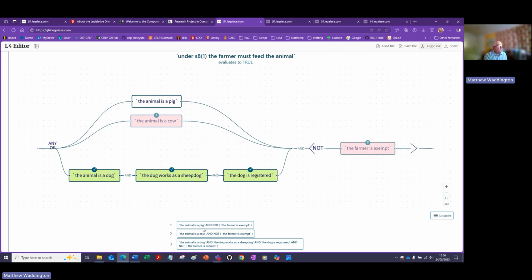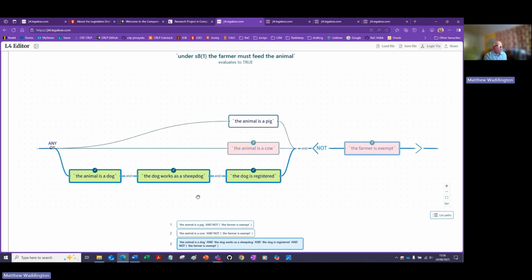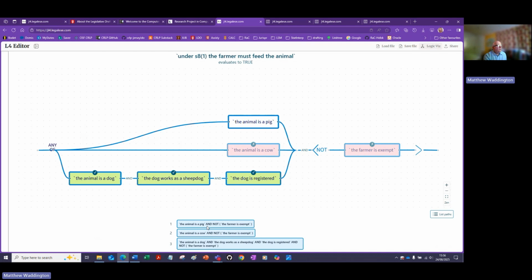So if I click on paths again, I've got these three paths. The one I've gone on there is this one for the dog, but these are the other two paths. So, how do we get there is the question.